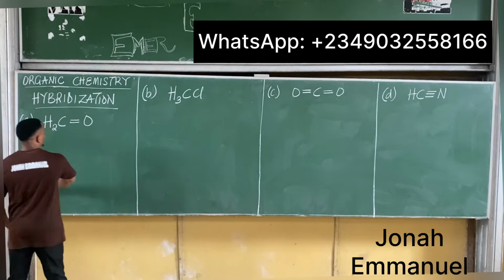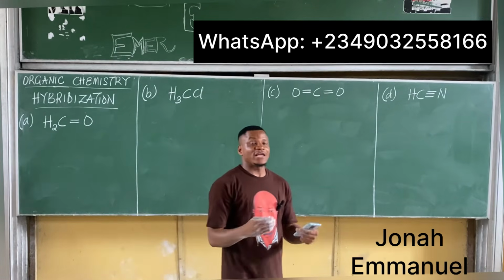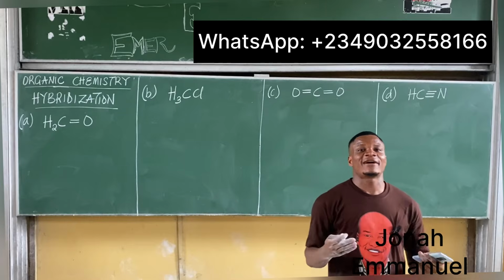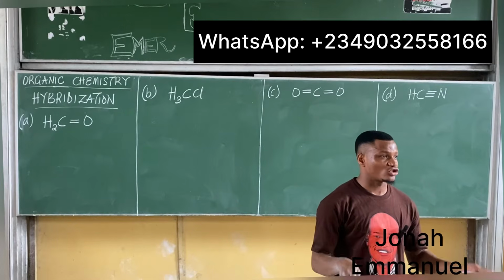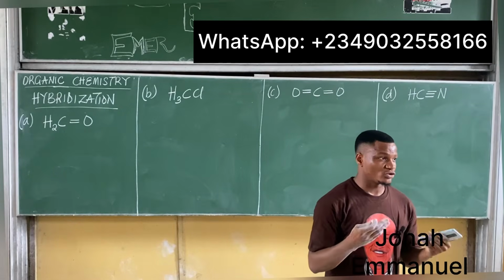For the first one, they said state the hybridization pattern. If I were you, my advice would be to try to draw the structure. When you draw the structure, it gives you a pictorial view of what you want to do.